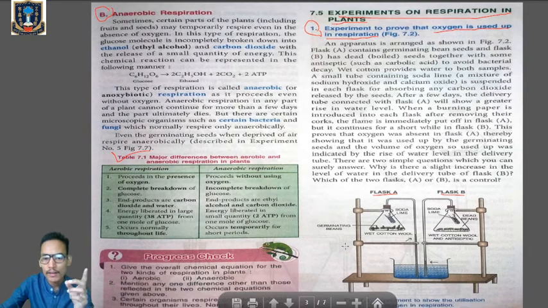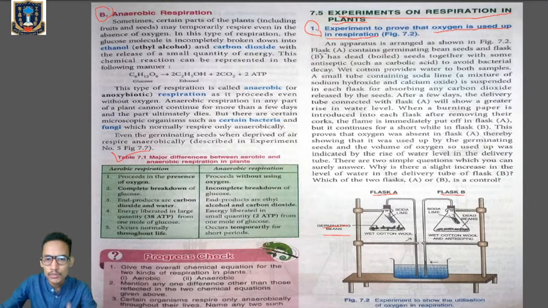Then we require germinating bean seeds and dead or boiled bean seeds. So the first requirement is two flasks, flask A and flask B. Second requirement is germinating bean seeds and dead or boiled seeds.